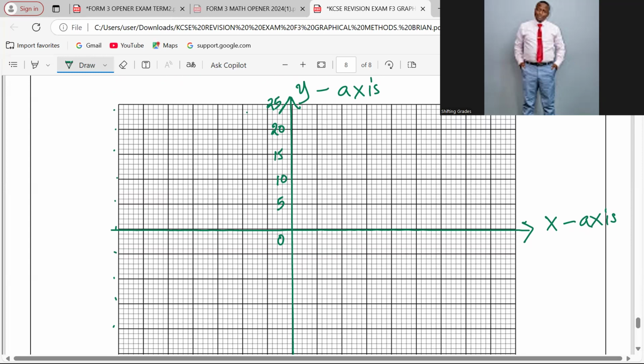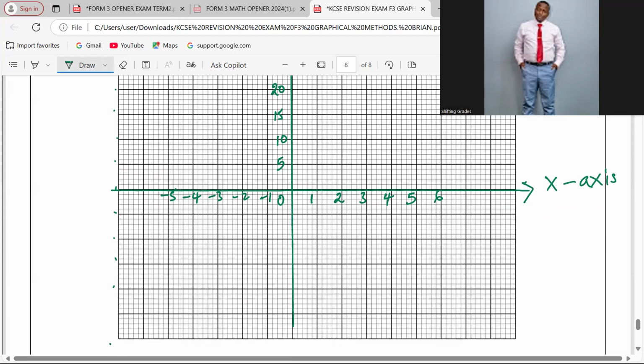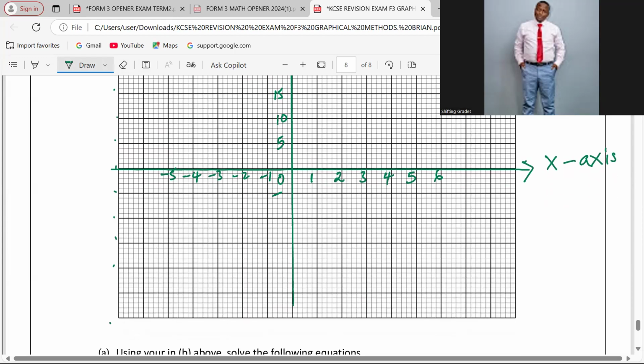Then on the other side, I'm using the negatives first, so I have -1, -2, -3, -4, -5. Then 1, 2, 3, 4, 5, 6. Those are enough.